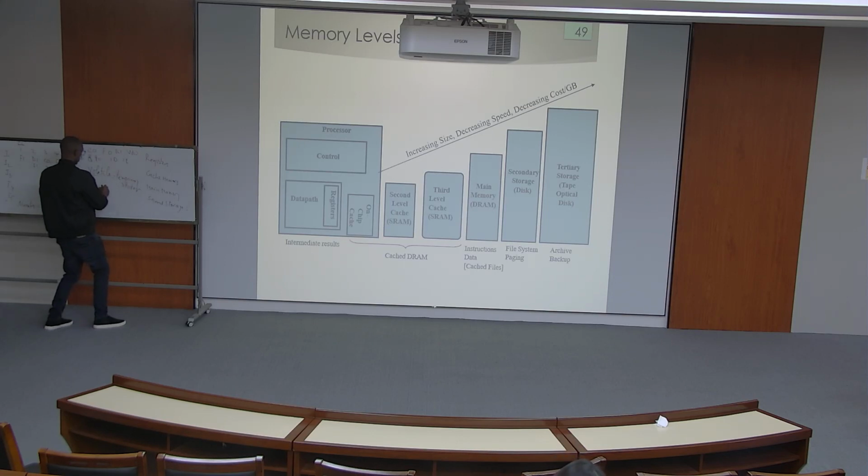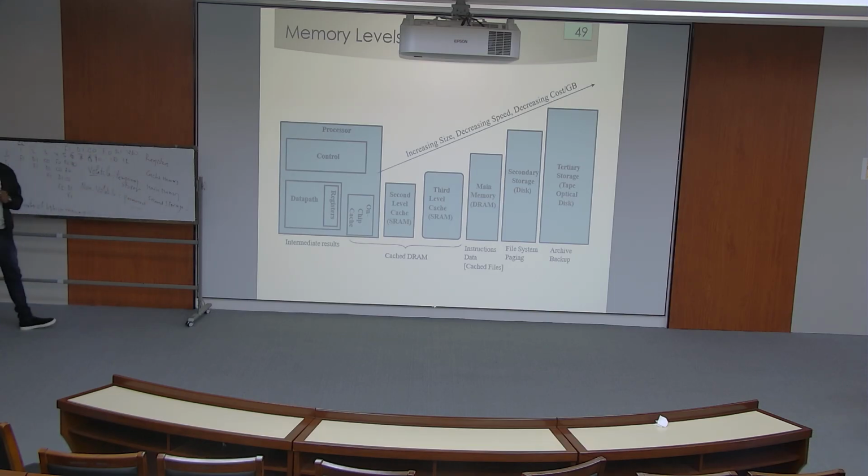Non-volatile memory is for permanent storage. Okay? So as the size of the memory increases, the speed decreases, as does the cost per GB. This is very important. We need to take into consideration the size, the cost, and the density for the memory.